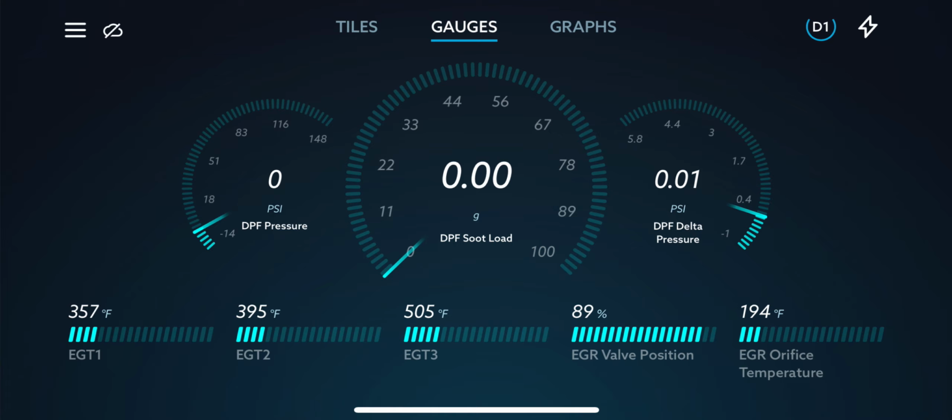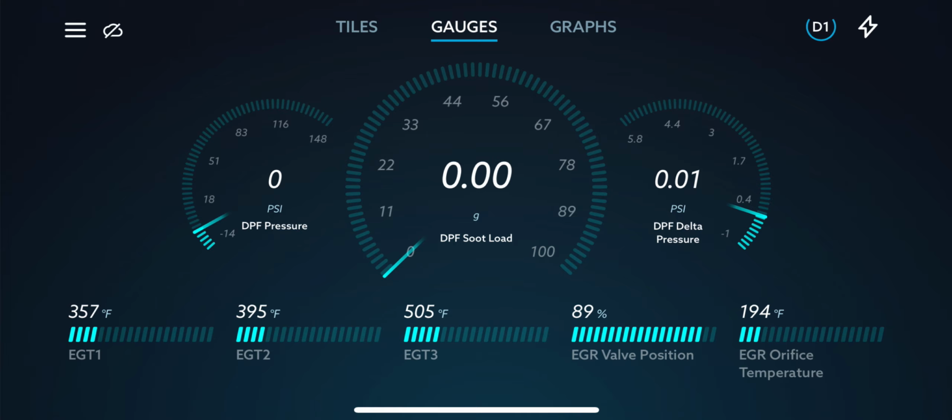The air is flowing freely, and again, 0 PSI doesn't mean there's literally no pressure. There is pressure, but the way Cummins does their emissions, they preset a certain amount of PSI as a baseline, and that's their 0. That's how much is tolerable that the PSI can build, starting at 0, and what PSI should look like after the DPF, and that's where your delta pressure comes into play.